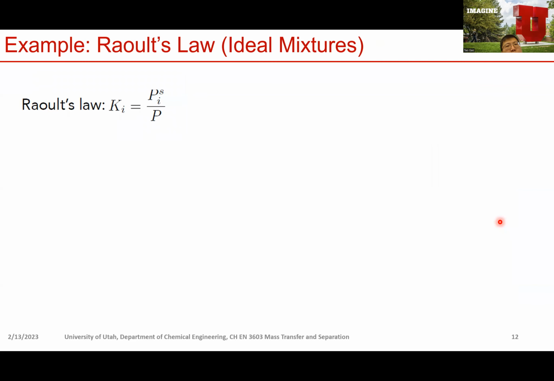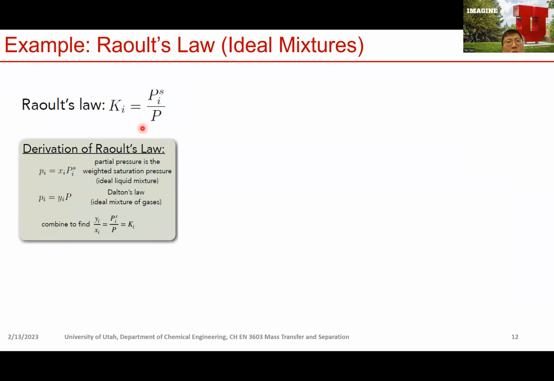Now, Raoult's law says the K value is the ratio of the saturation pressure divided by pressure. Okay, how is it derived? To derive Raoult's law, we can look at the ideal mixture of gases, and we know the partial pressure of a component i is proportional to its mole fraction multiplied by the total pressure.